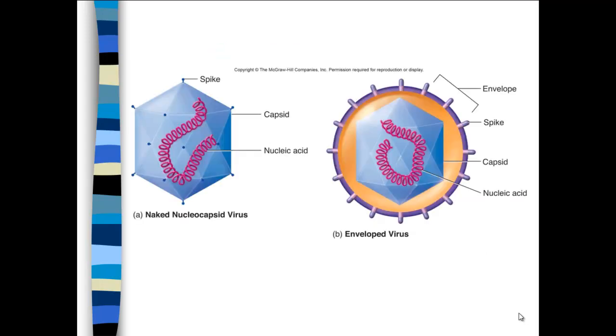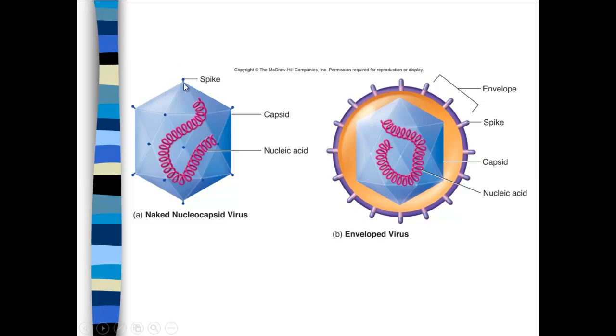So you can have an enveloped virus that has a covering, just a phospholipid bilayer, and then you can have a naked virus, which just has a capsid, and the capsid is kind of a polygon shape, and the polygon shape is protecting the nucleic acid inside.